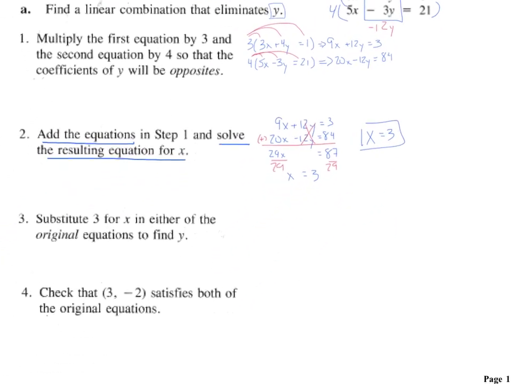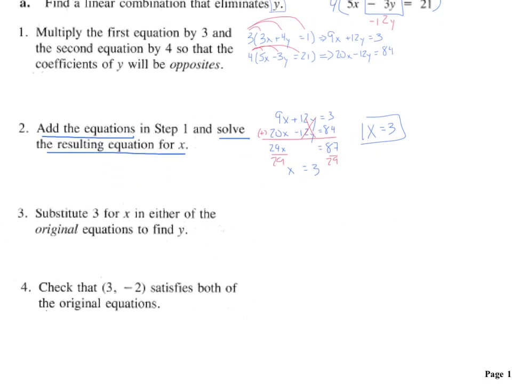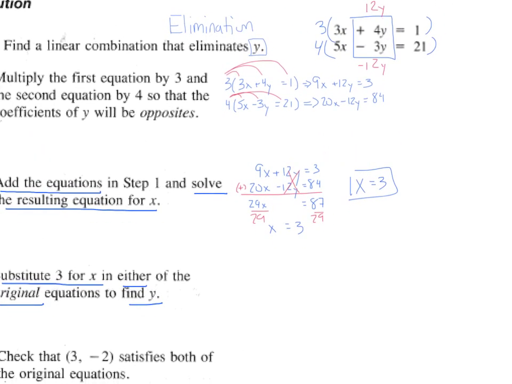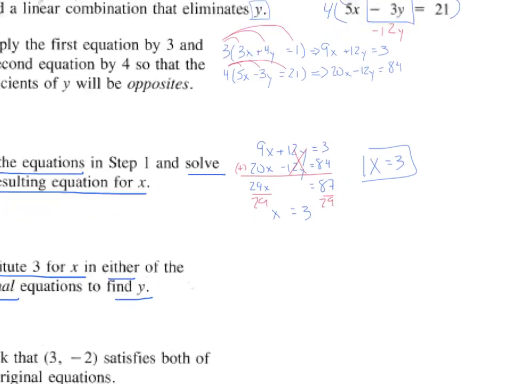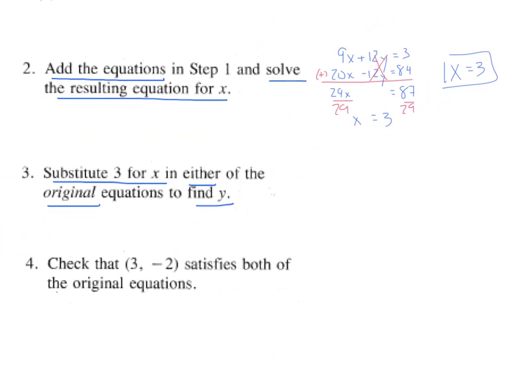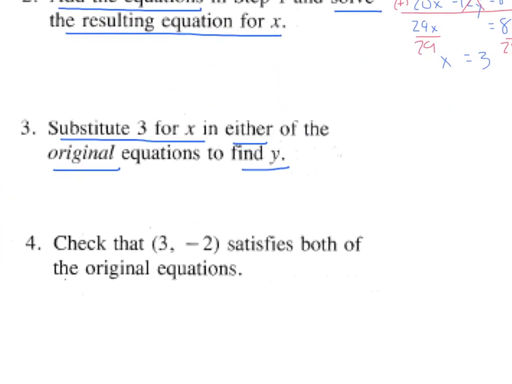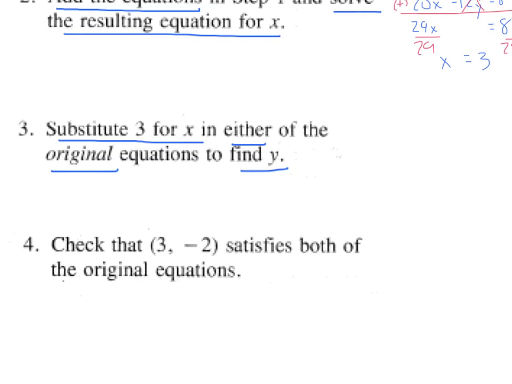Okay, so let's look at step 3. Now that we have 3, we can substitute 3 for x in either of the original equations to find y. So we need an original equation. We've got 3x plus 4y equals 1.